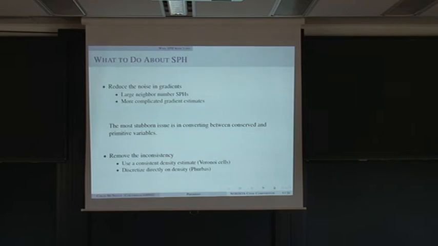So, what can we do about that? A couple of options. We can try to reduce the noise in the gradients, and that brings us, I think, to the large neighbor number SPHs, or high order SPHs. You use a higher order kernel, which has a tail that goes out further. There have been a couple of demonstrations in the last couple of years showing that this really works, works a bit.